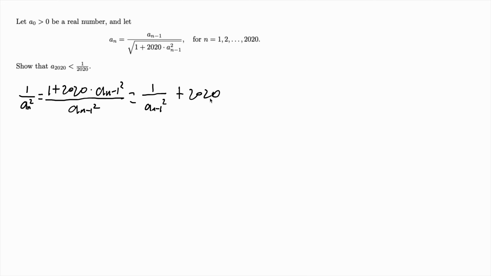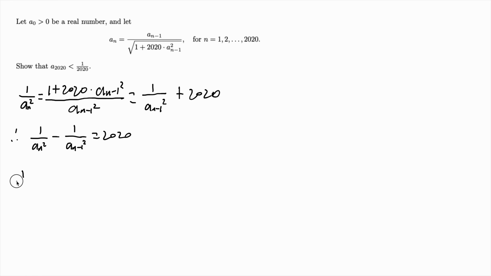And I think we should really be thankful that this is a recursive formula, because we know that 1 over a sub n squared minus 1 over a sub n minus 1 squared is simply equal to 2020, which means we can telescope the sums.